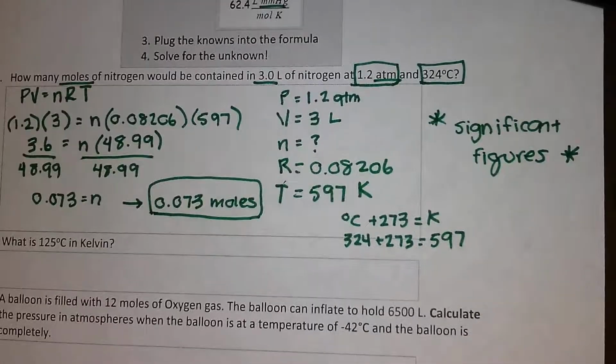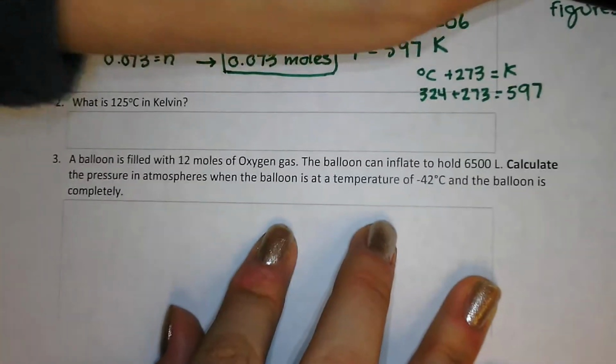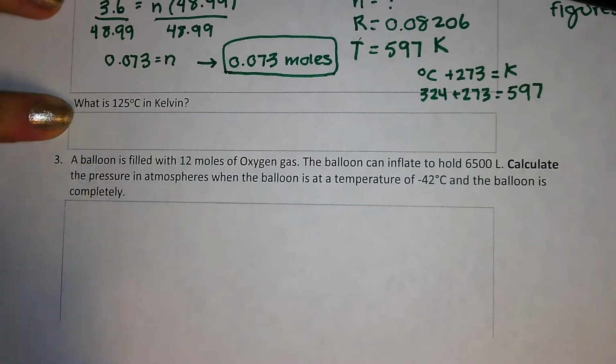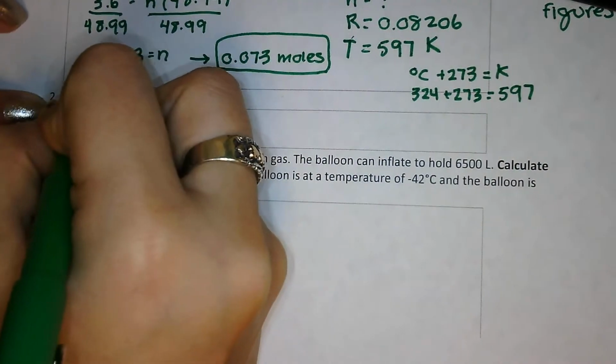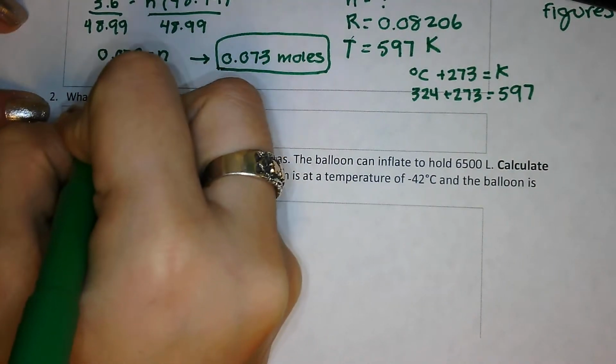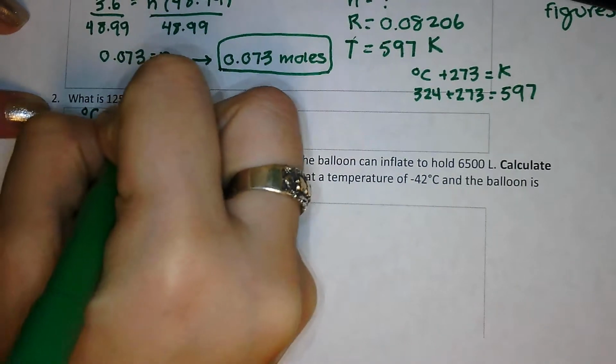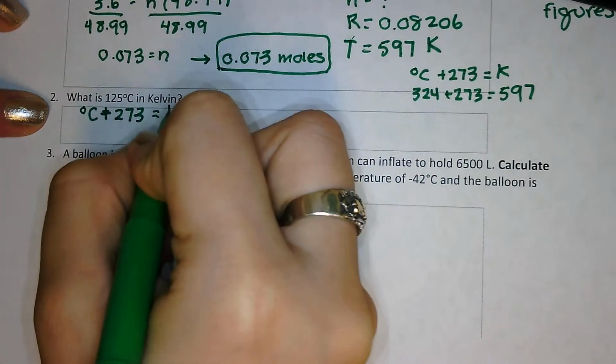All right, next up, we got, let me move this paper, what is 125 degrees Celsius in Kelvin? Pretty simple stuff. You just need to use the formula degrees Celsius plus 273 is equal to Kelvin.